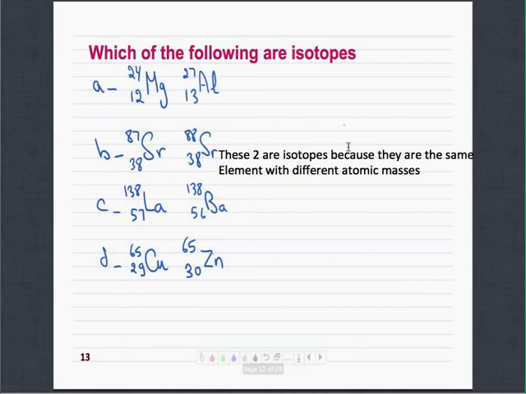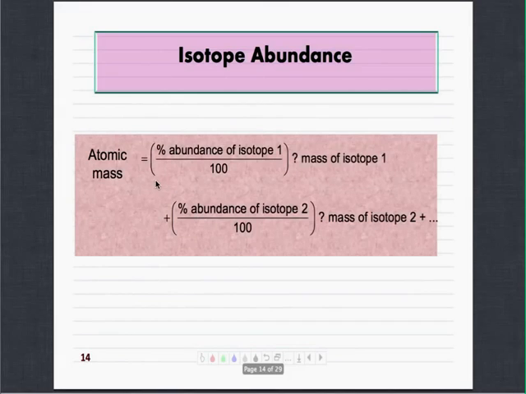You can't say that those are isotopes if they aren't the same element. It must be the same element to consider it an isotope. Then we look at whether the number of neutrons is the same or different.